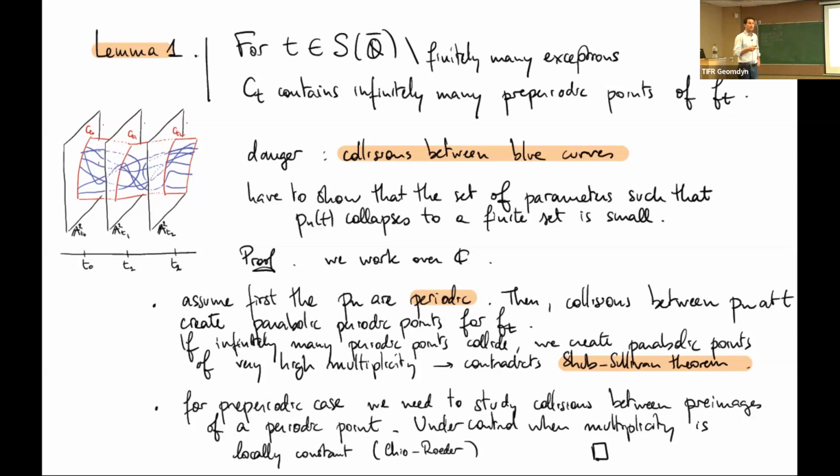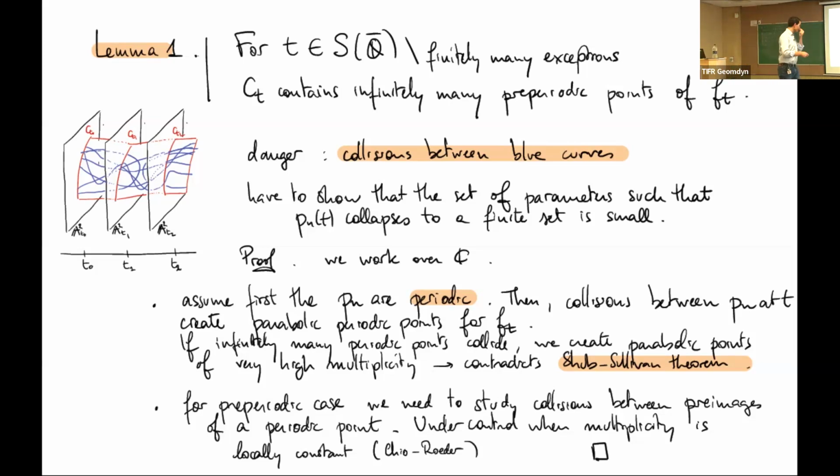And there's a theorem in smooth dynamics called the Shoup-Sullivan theorem, which says that this is not possible. So infinite collisions of periodic points are not possible due to a counting of multiplicity. For people from one-dimensional rational dynamics, when you have a parabolic point and you iterate, the multiplicity does not change. The coefficient in terms of the second term changes, but not the multiplicity. That's the argument. It's also true in 2 dimensions, that's the Shoup-Sullivan theorem. So that's for collisions of periodic points.